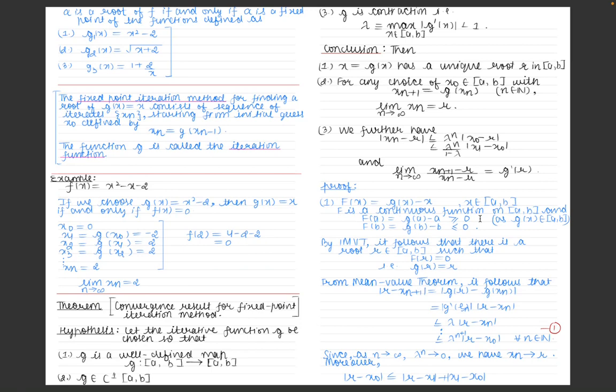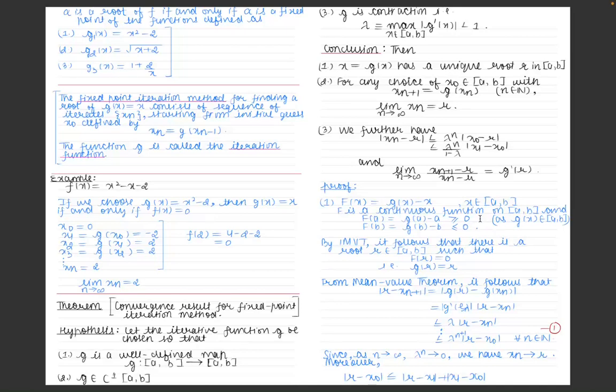Third is that we further have that mod of x_n minus r is less than lambda^n mod x naught minus r, which is further less than or equal to lambda^n by 1 minus lambda mod of x1 minus x naught.